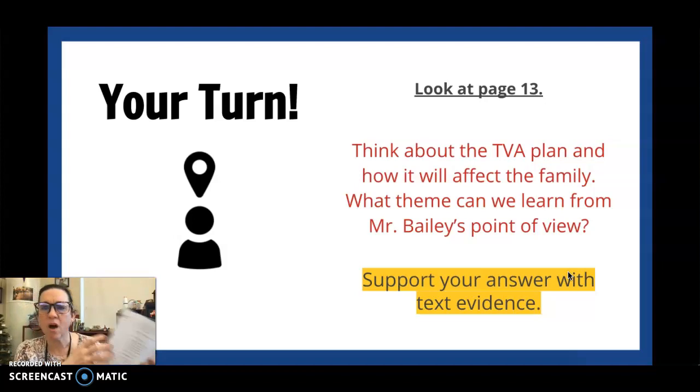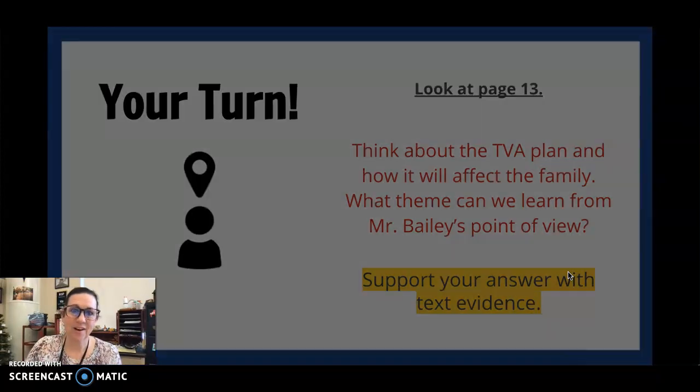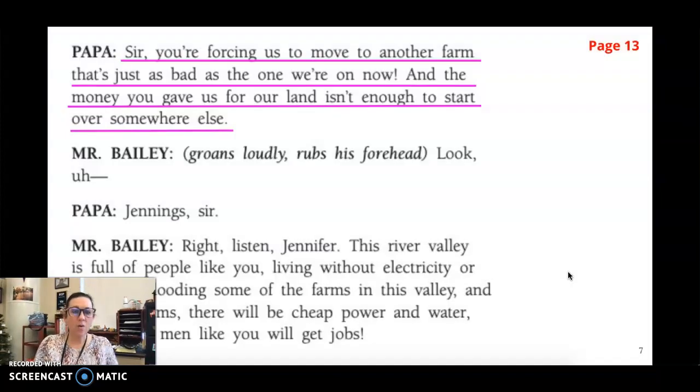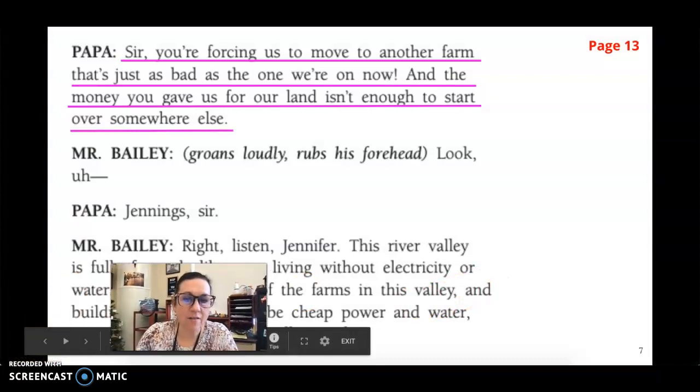That's where you want to draw your theme from, his point of view. Make sure you highlight and support your answer with text evidence. Go ahead and pause and do that.